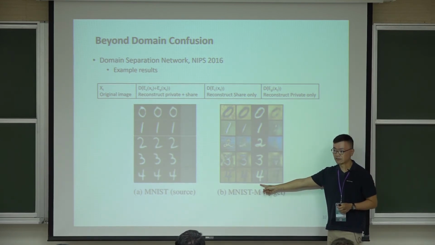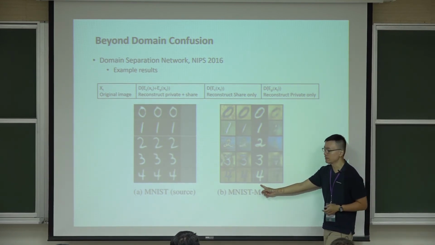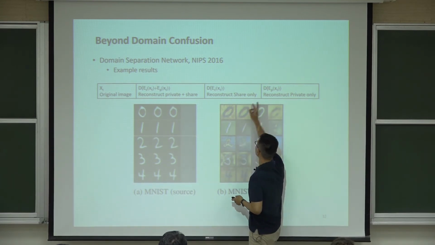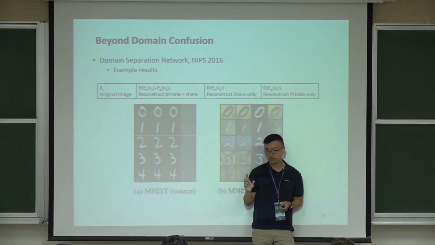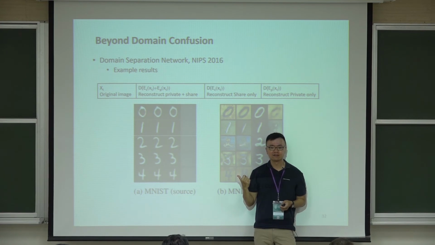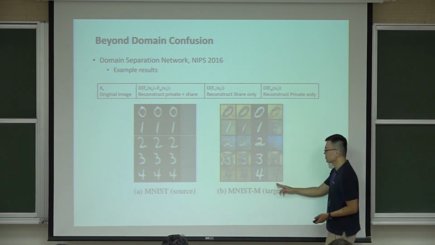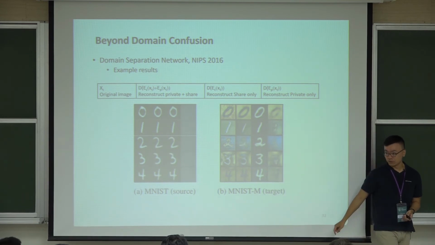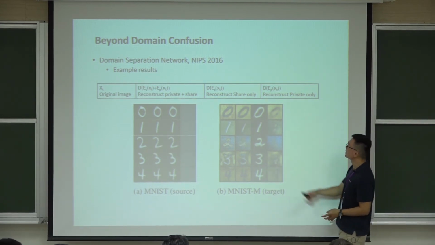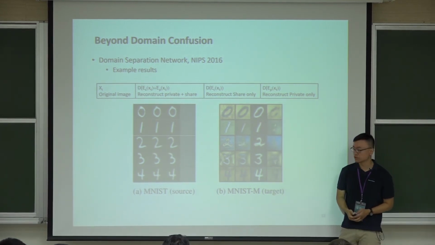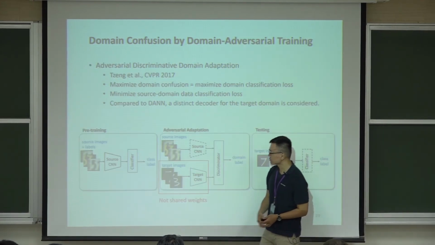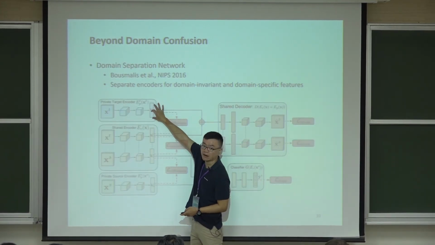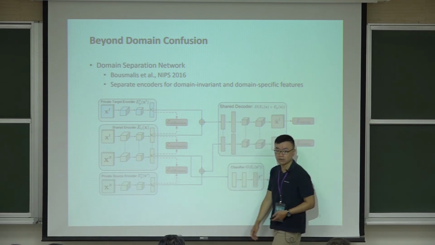So that makes sense, right? And finally, if you take those private features only, you should reconstruct what? The backgrounds. Those totally irrelevant information. So most of the unwanted, irrelevant information will be encoded in the private features. And that is this part of the encoder output.